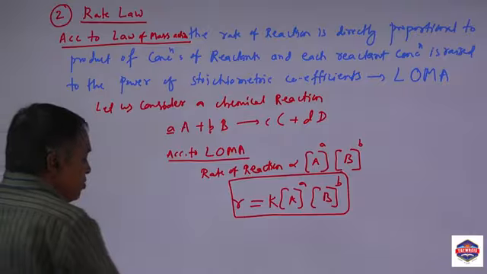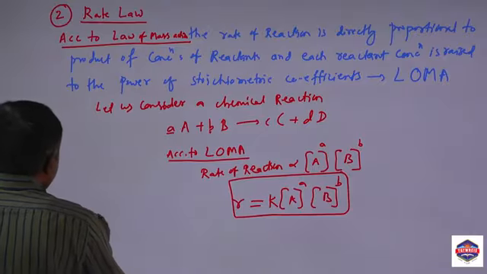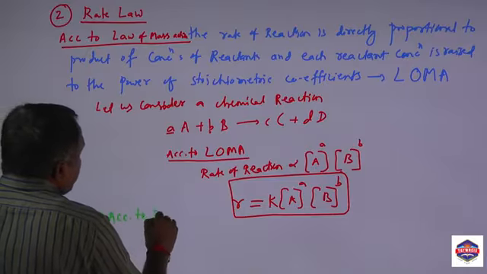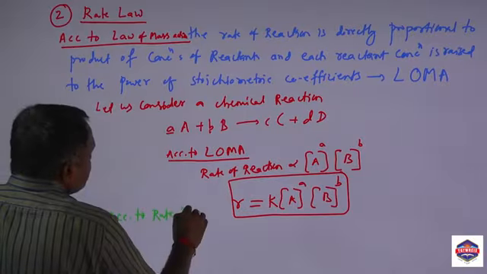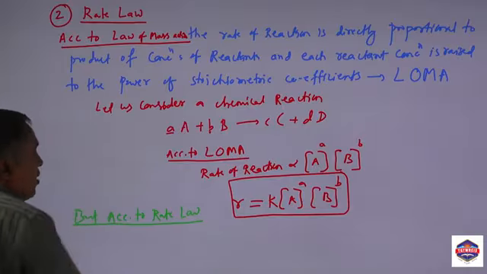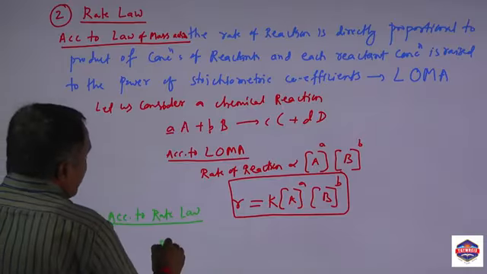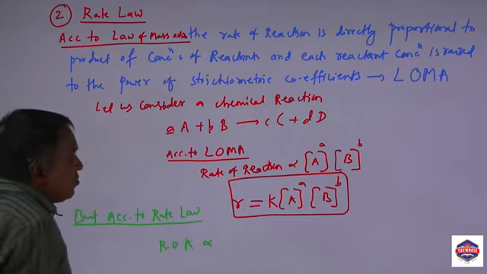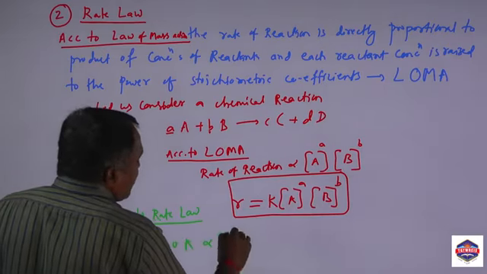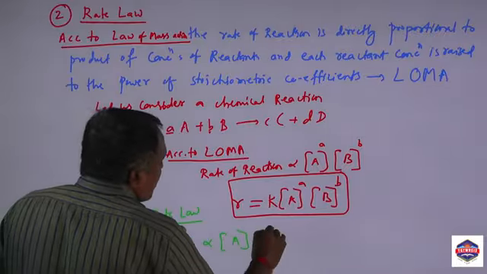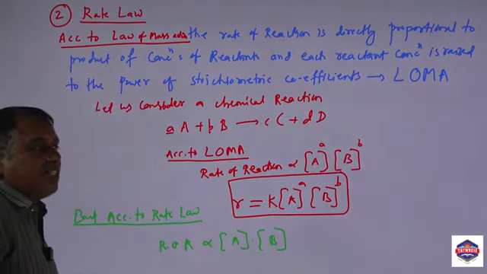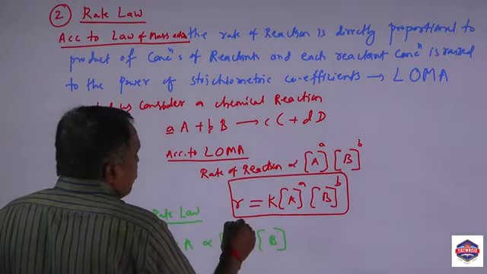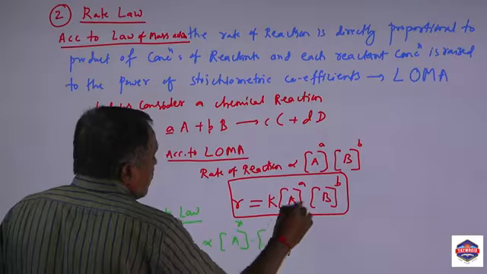But according to the rate law, the rate of reaction is directly proportional to the product of concentrations of reactants, and each reactant concentration is raised to the power of their experimental coefficients x and y.